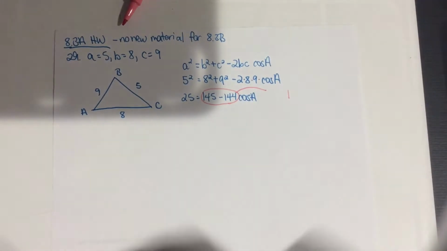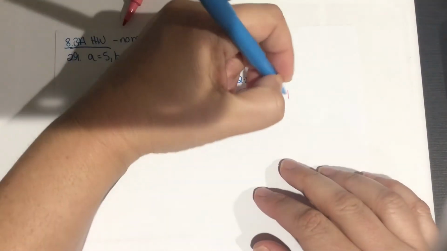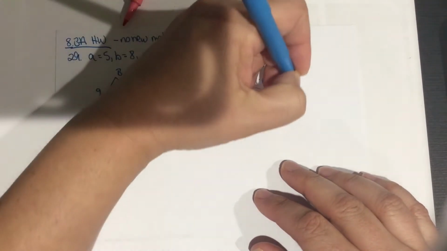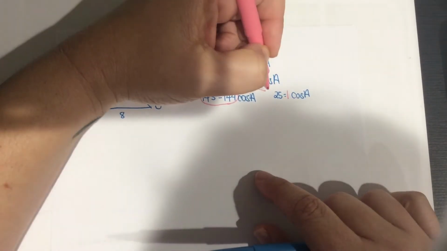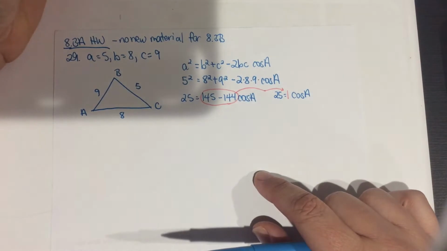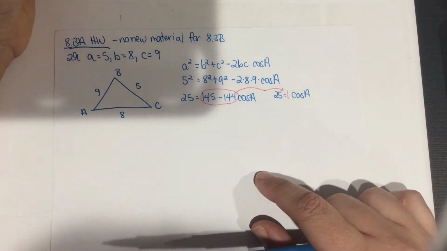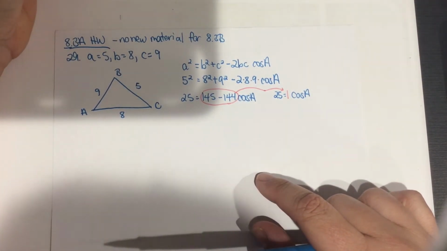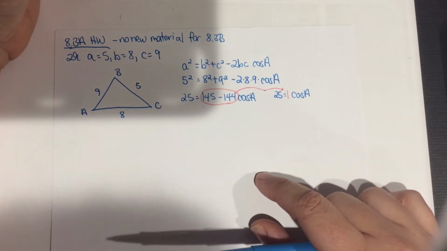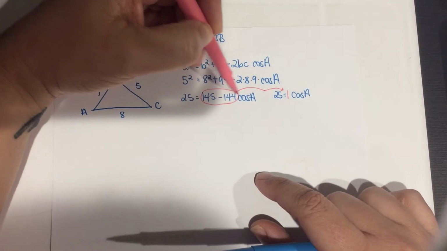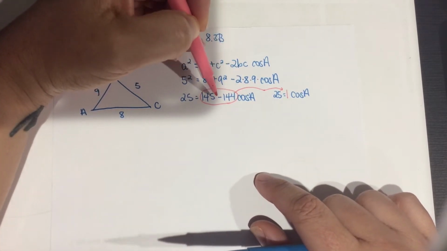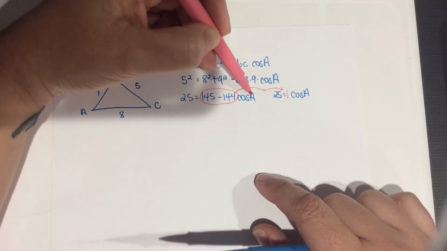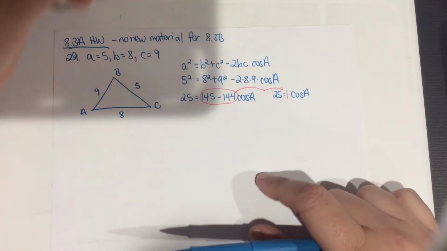So then we have 25 equals 1 times cosine of A. So they do that subtraction too soon. We cannot do that subtraction. PEMDAS tells us we have to do multiplication and division before addition and subtraction. So we would have to multiply these together, whatever this cosine value is, before we could do this subtraction. We don't have a numeric value there though, right?